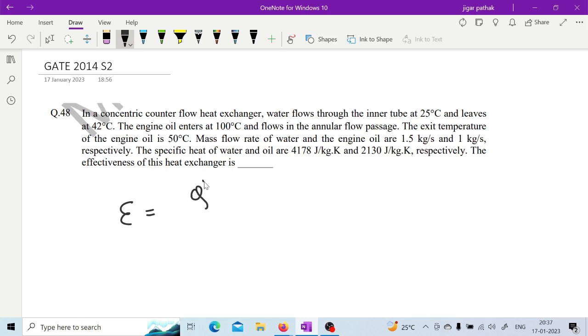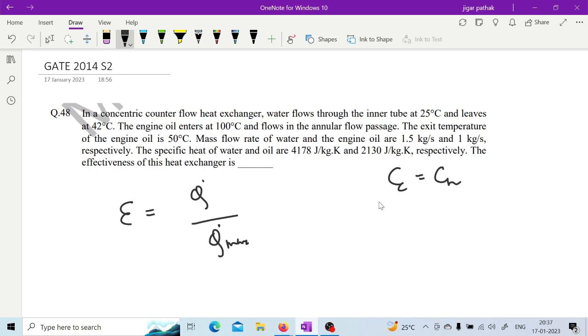You know this is equal to Q upon Q max. Here you can first check if Cc and Ch are equal or not.